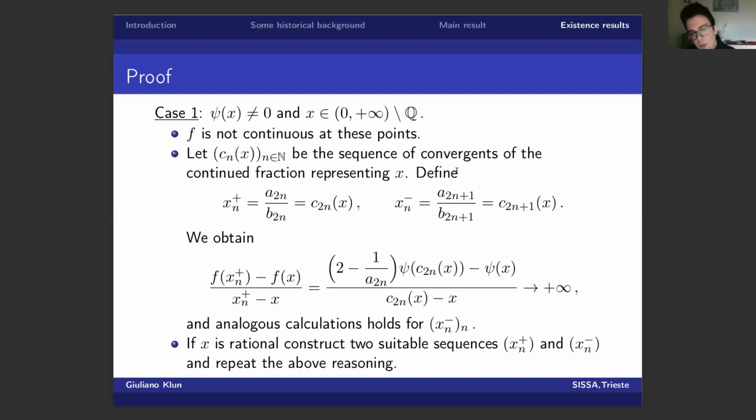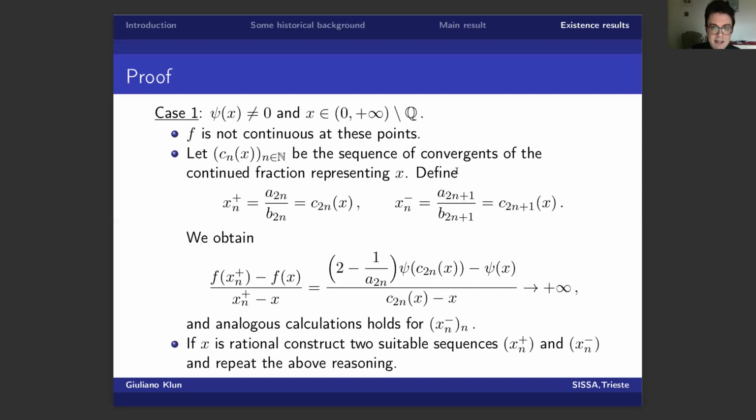If x is rational, this reasoning cannot hold because the sequence of convergents at some point stops. So for every rational x, we can construct two suitable sequences, xn plus and xn minus, of rational points that converge from the left and from the right to x, and repeat the above construction.